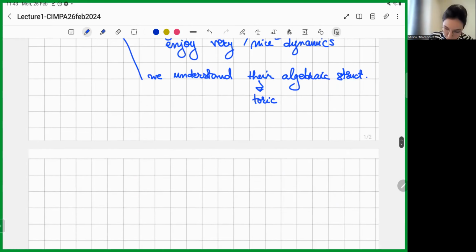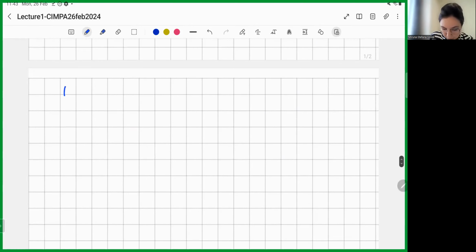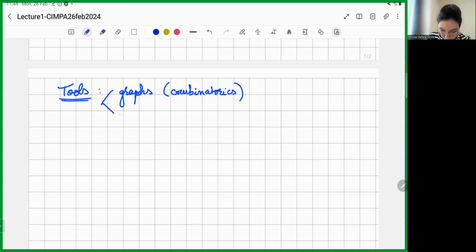And the tools we plan to use throughout these lectures, some of the tools, we also use combinatorial tools, graphs. Already the network is a graph. So these are combinatorics. But of course, ideals and algebra, and here especially we will be interested in elimination.